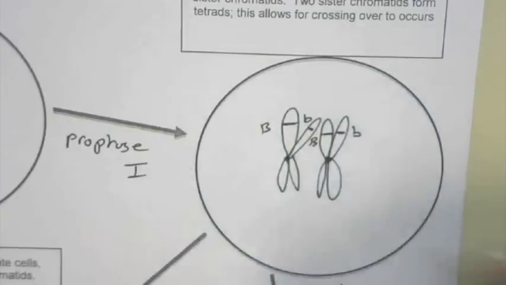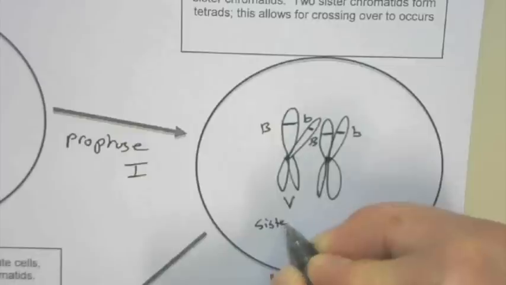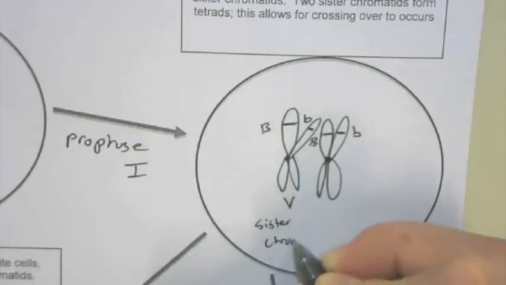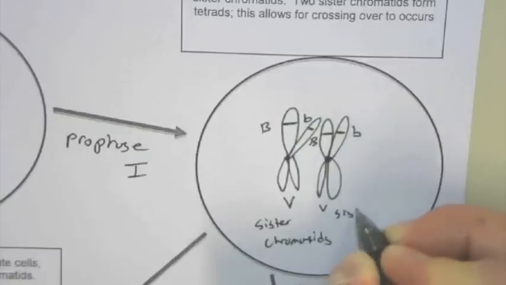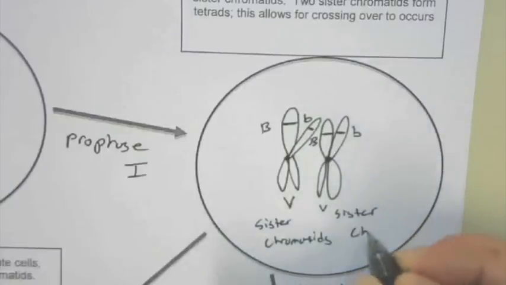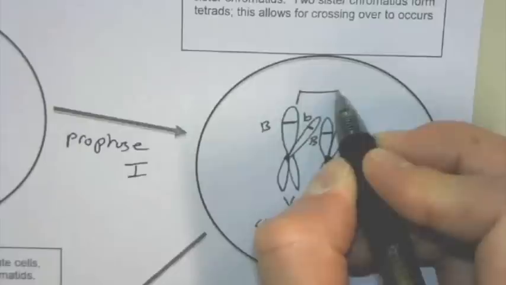And they've duplicated to form sister chromatids. And we have two sets of sister chromatids. And these combined, put together, make something called a tetrad.